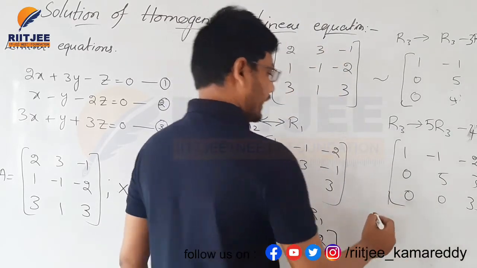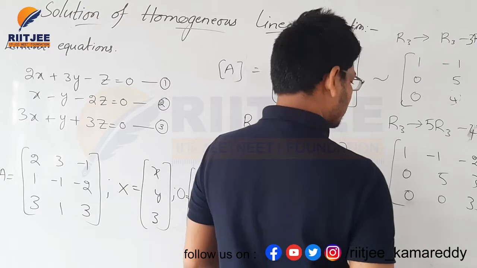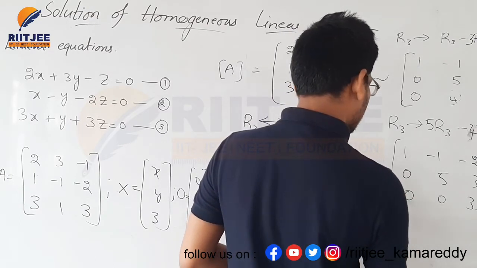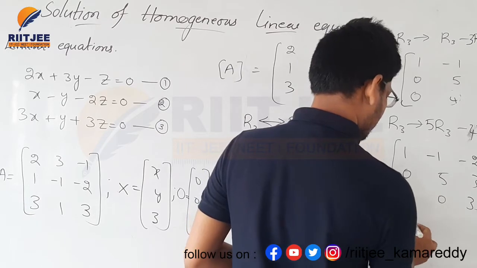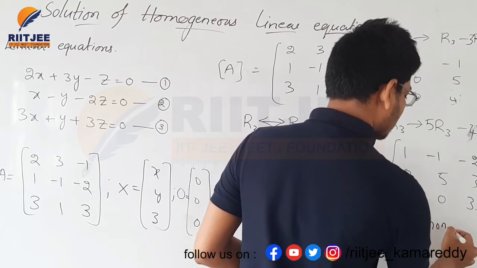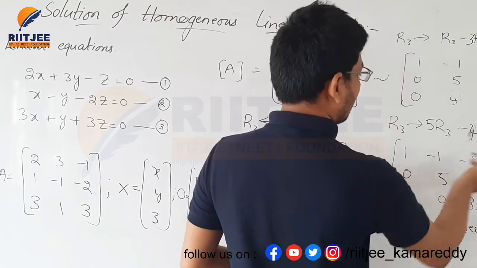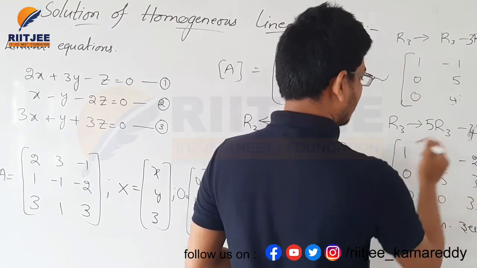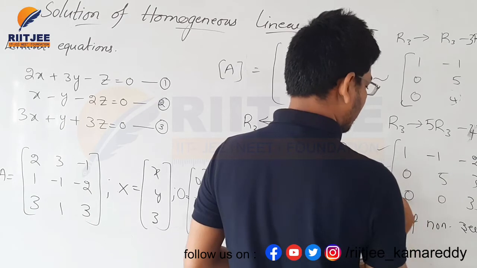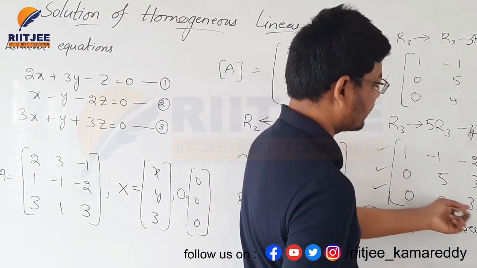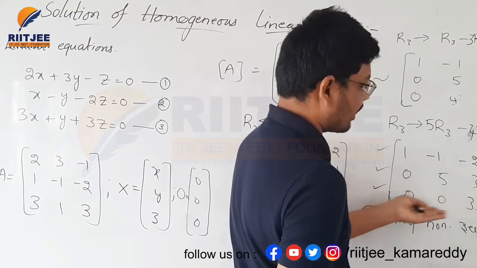Now we compare this with the rank. Here the number of non-zero rows: number of non-zero row is 1, number of non-zero row is 2, number of non-zero row is 3. No row is having all zeros here.